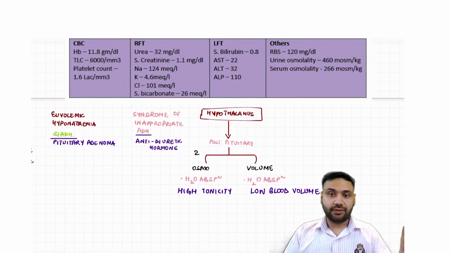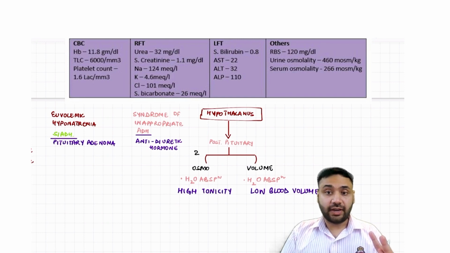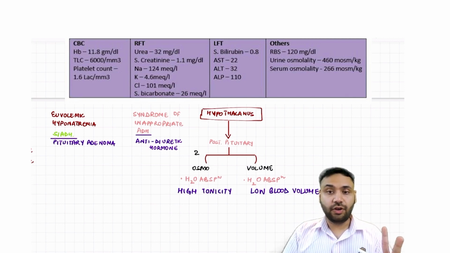So, ADH is synthesized in the hypothalamus and is stored in the posterior pituitary to have control over two things: one is osmolality and second is volume.